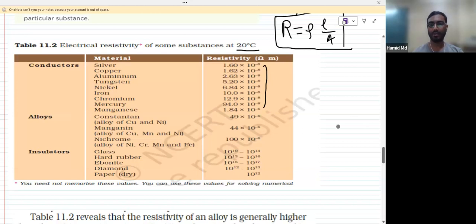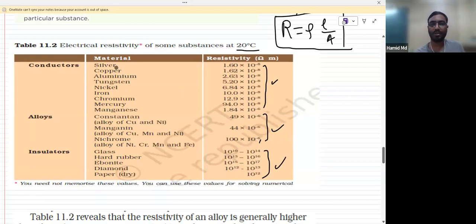For alloys it is 10 to the power minus 6. And for insulators, it's 10 to the power 12 to 10 to the power 14. So alloy is in between conductors and insulators, right?